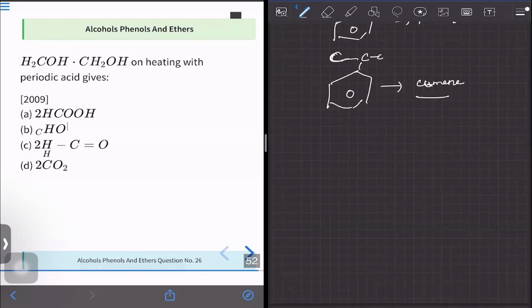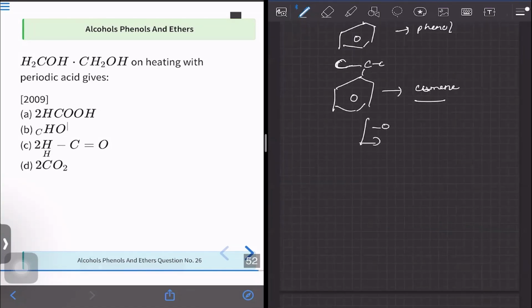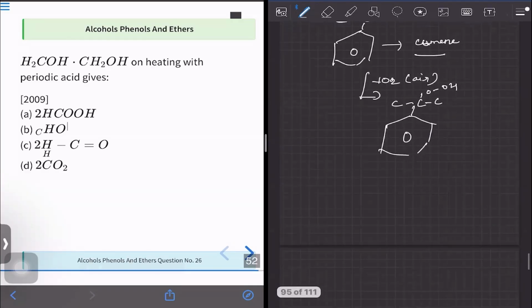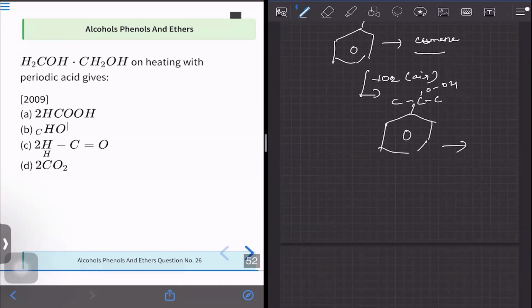See, whenever there is oxidation of cumene in the presence of air, what does it produce? Cumene hydroperoxide. Whenever it is further reacted, it produces acetone.